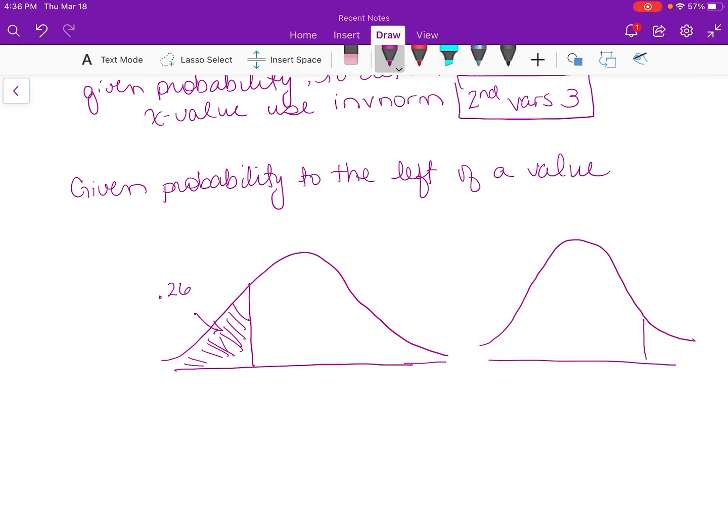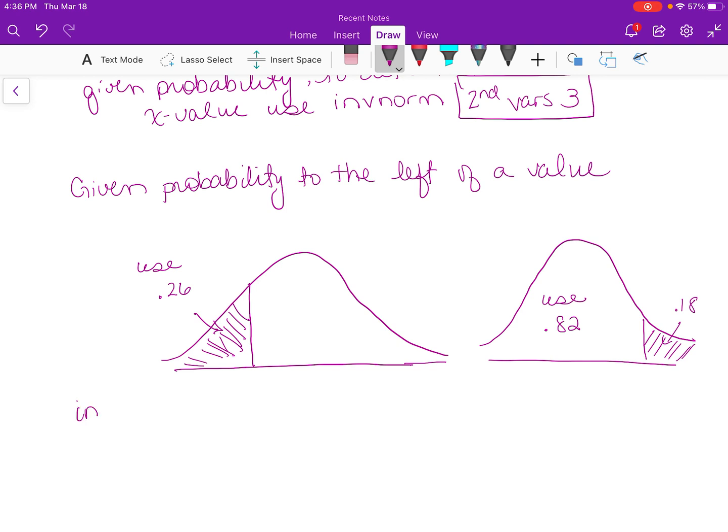And if your shaded region happens to be to the right, maybe that's 0.18, then we're going to use 0.82. So here we would use 0.26 because it is the probability to the left. But if our shaded region happened to be to the right, we would use 0.82 for our area.